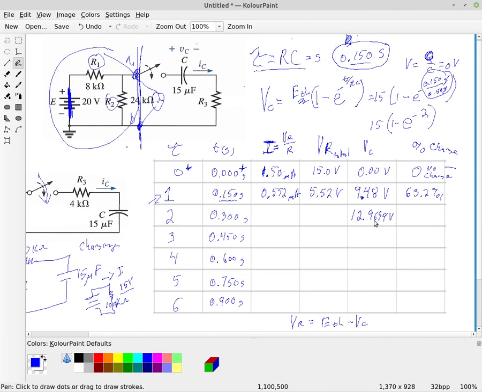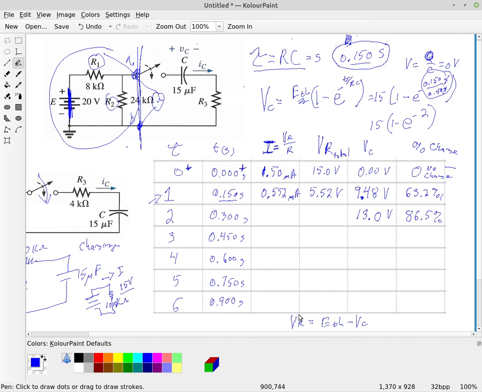If we round that to 3 significant digits, we would end up with about 13 volts. That is about 86.5% of full charge.